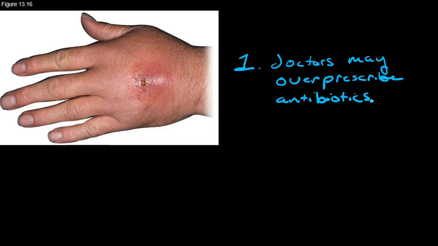But it turns out that you actually have a viral infection, and so you've introduced a bunch of potential selection to occur inside your body by exposing these organisms to the antibiotic, and that's not good. So doctors have to be a little bit more careful in prescribing antibiotics. And then number two, you may misuse, as a patient, the prescribed antibiotics by prematurely stopping the medication because you already feel better.